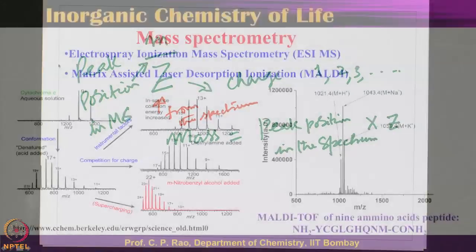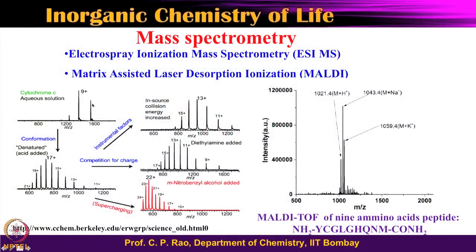Now, here there is some example taken. It is not very important what this example is, but this happens to be cytochrome C. Take it as it is and put it into electrospray ionization mass spectrometry, and you get one peak for 9 charges. Whatever value you get multiplied by 9 will be the molecular weight of that particular thing.